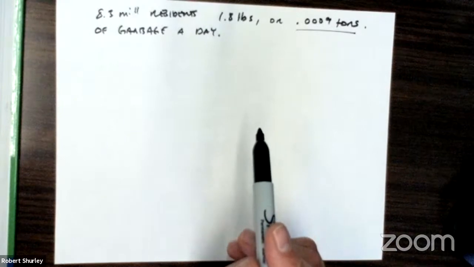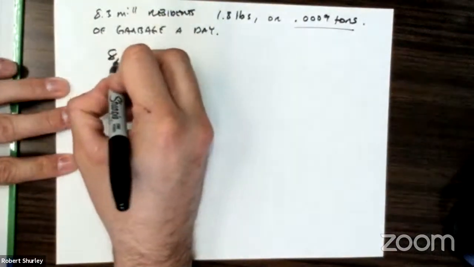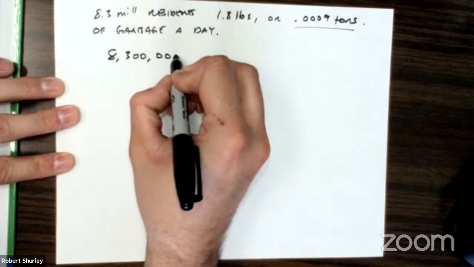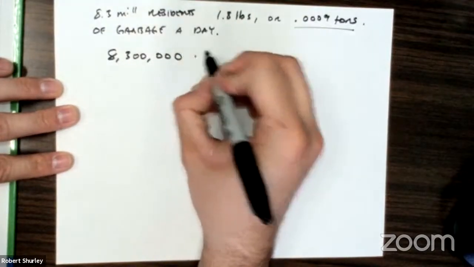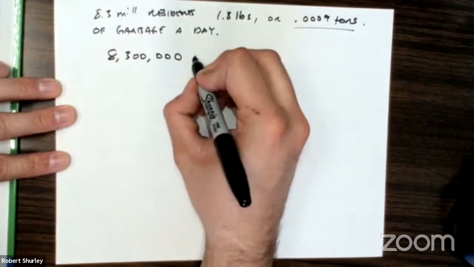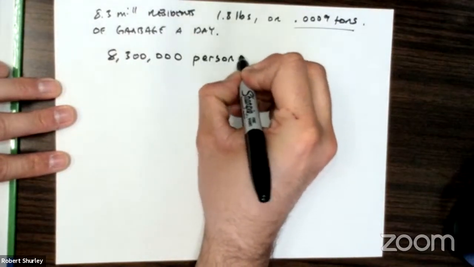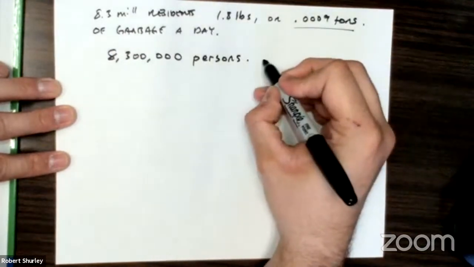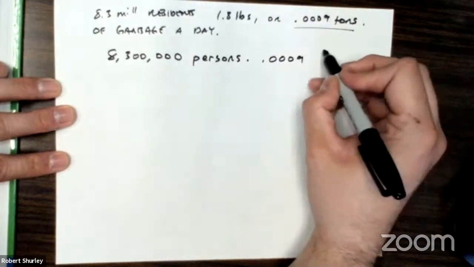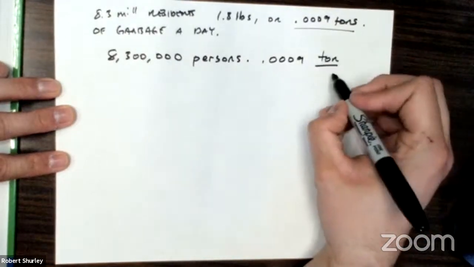Well, so we could say 8,300,000 times, now this is the unit conversion, so that's the number of people, right? Times 0.0009 tons per person.